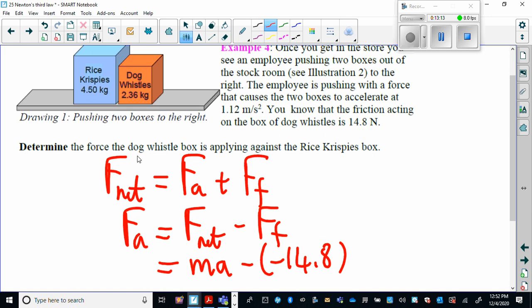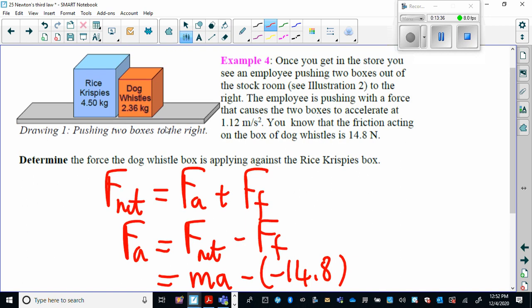Do I use 4.5, 2.36, or do I add them together to get 7.86? And the answer is, because the question says determine the force the dog whistle box is applying against the Rice Krispie box, I have to use the mass of only the dog whistle box, because the dog whistle box can only apply a force with its own mass.